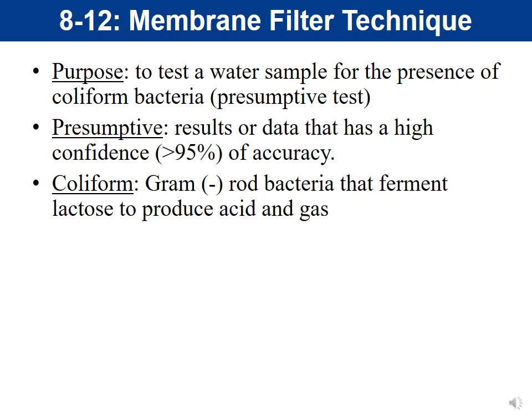Now, let's talk about what is a coliform. So in order for the organism to be considered a coliform, it has to meet several criteria. The first is that it needs to be a gram-negative rod. So that's the first criteria. The second part of that is that it ferments lactose.